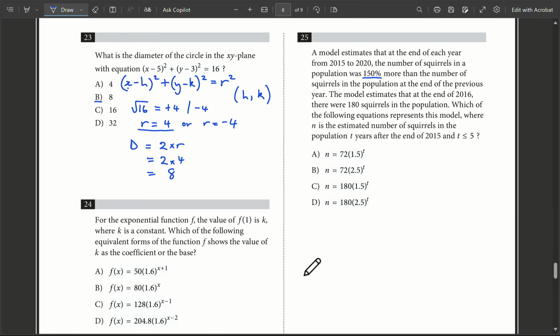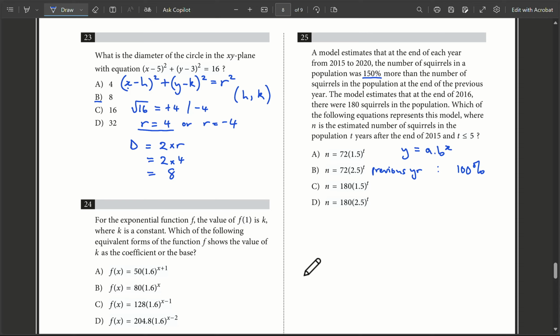Okay, so in this kind of scenario, we use our equation of a b to the power x, right? So we're told that in the previous year, in terms of the percentage, whatever number we're working with is equivalent to 100%.